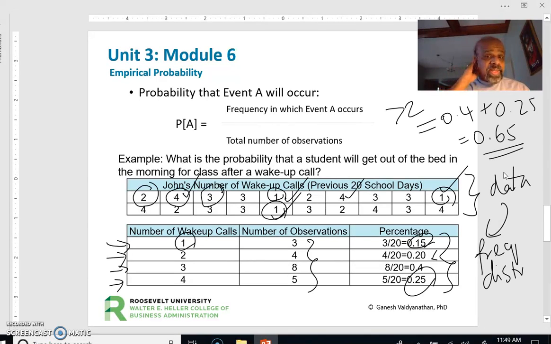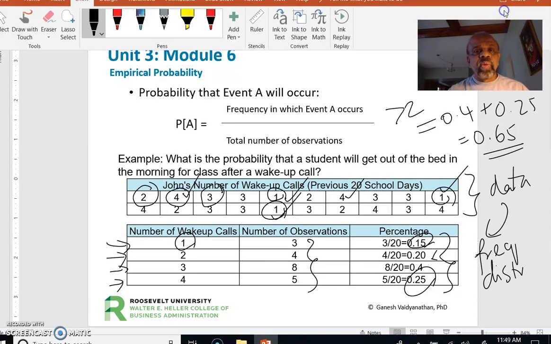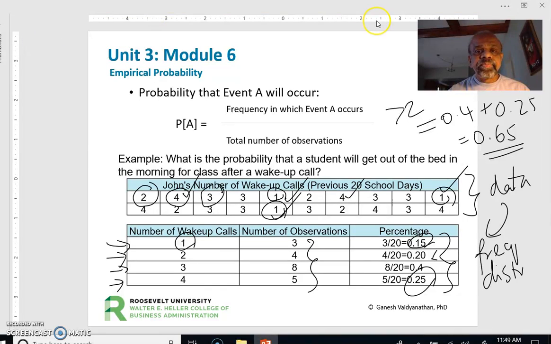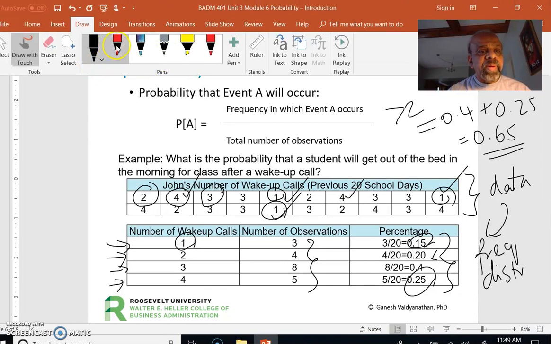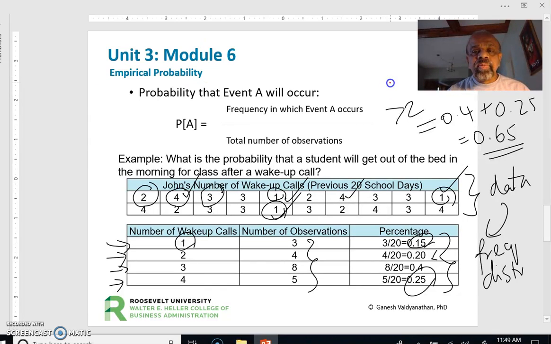One of the things that you can do with empirical probability and classical probability is this. Let's say you're flipping a coin. Let me get my red pen. Flipping a coin can occur as heads or tails.